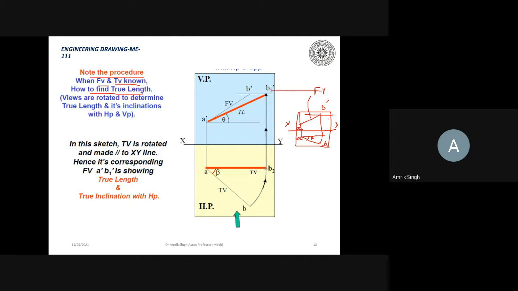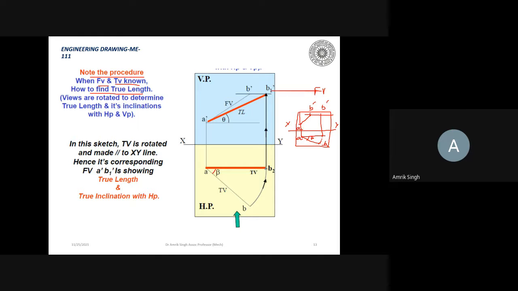So what we'll do, where this line will cut, this line will cut here. Just a minute. The location is somewhere here, this B dash. Okay. So this front view is given.